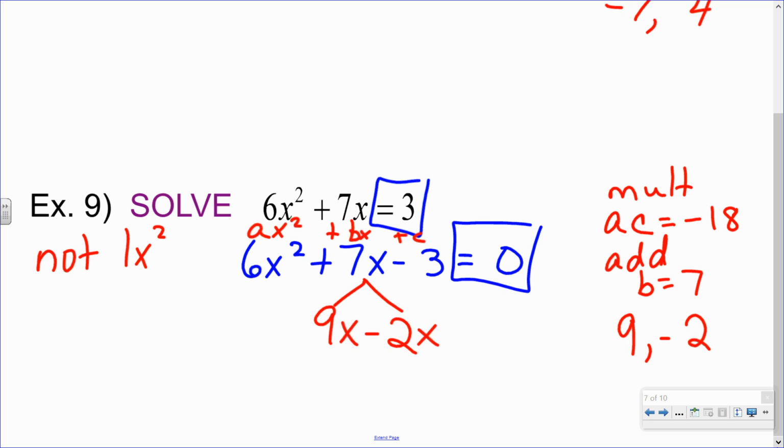It works both ways. So now we keep the 6x squared, and we keep the -3, and we keep the equal 0. Now I have 4 terms. What do I do when I have 4 terms on a factoring problem? Everybody. Grouping. So let's put the first 2 together, and let's put the last 2 together, and let's see what we have.